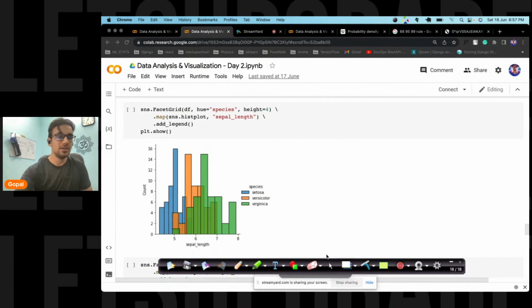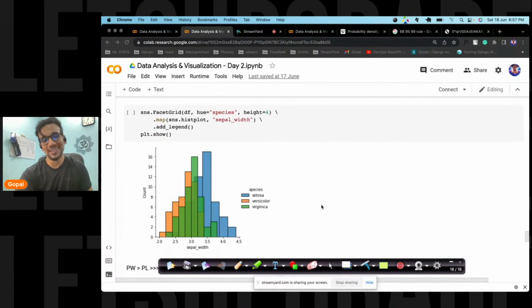But much worse is this one. Literally, Setosa, Versicolor, and Virginica are totally a mess in this one for the sepal width.